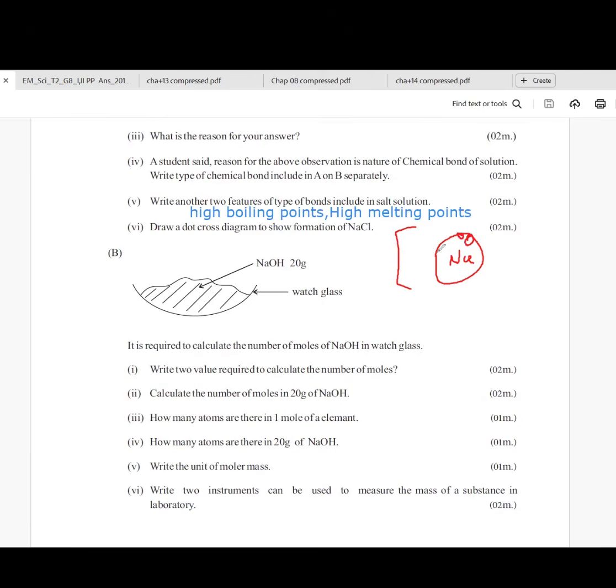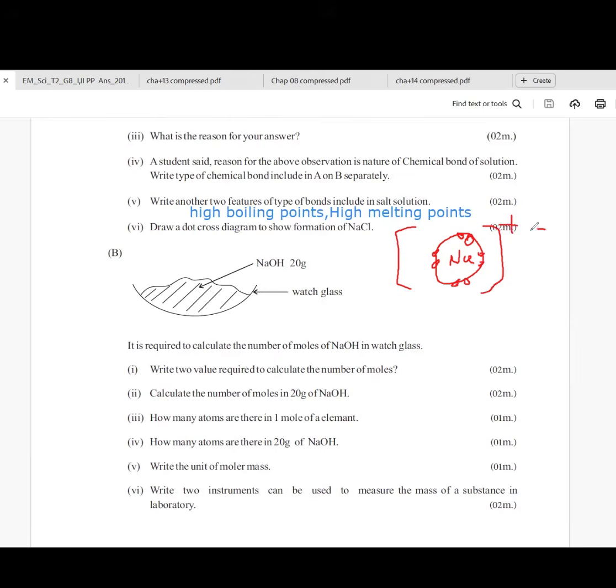Now it's a positive ion with 8 electrons in the outer energy level. By removing the outermost electron, it gained the stable electronic configuration, but now it's not an atom, it's an ion. So after drawing, you have to put a positive charge here.